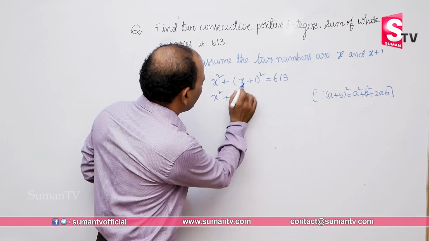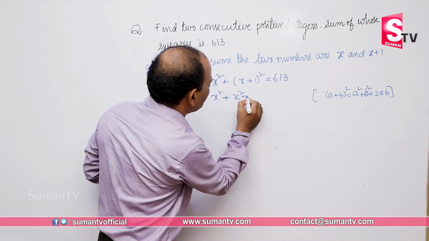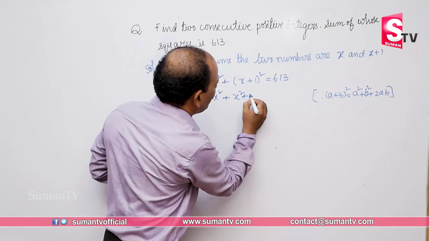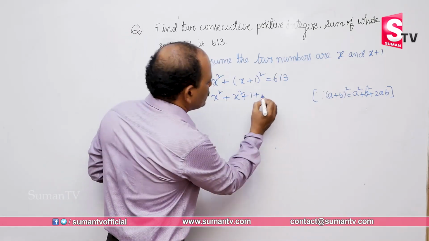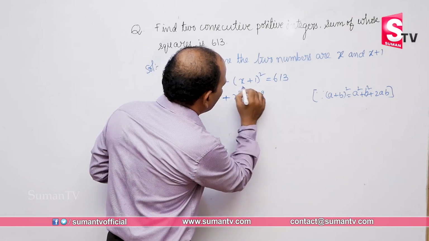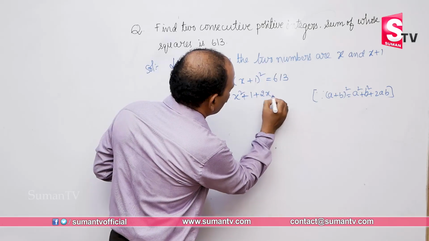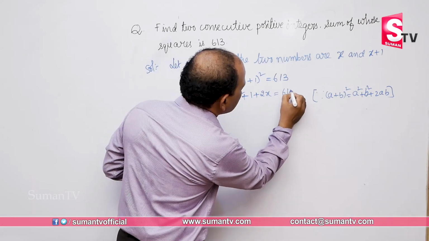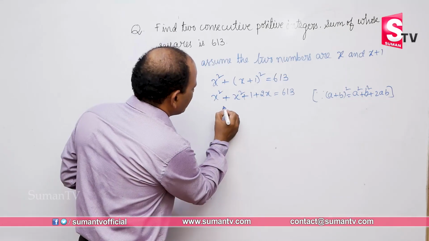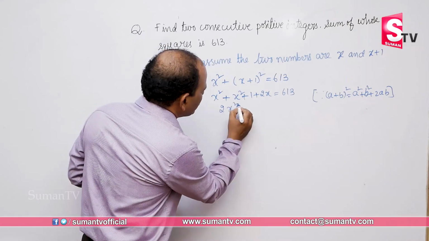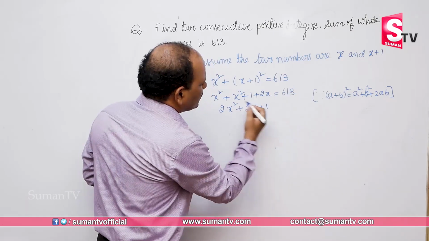So first a square, that is x square, plus b square, 1 square, which is 1, plus 2ab, 2 into x into 1, that is 2x, is equal to 613. x square plus x square, that is 2x square plus 2x plus 1.